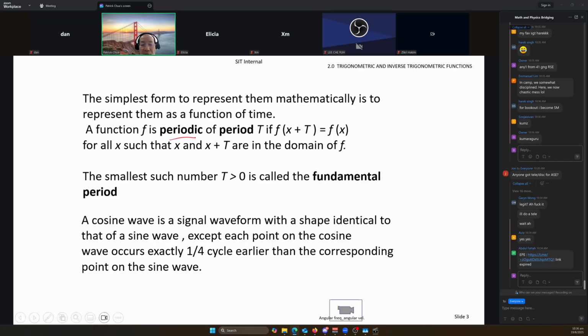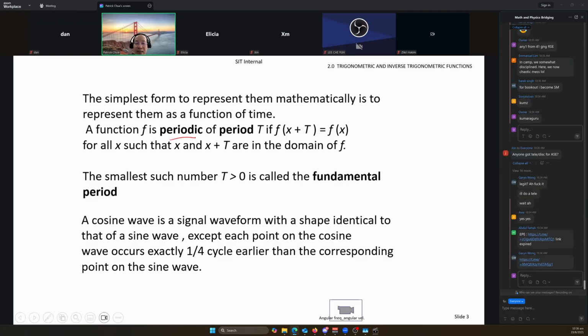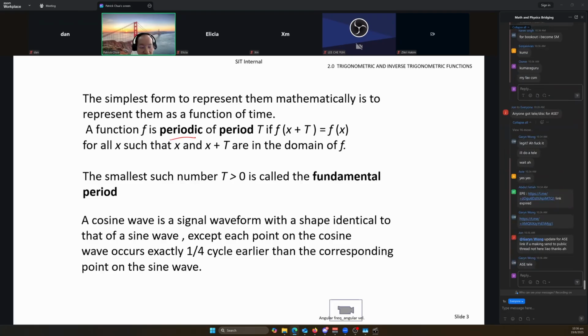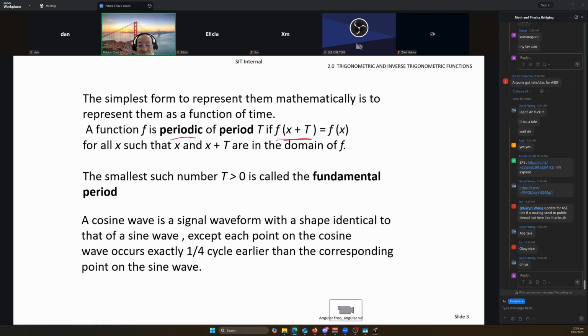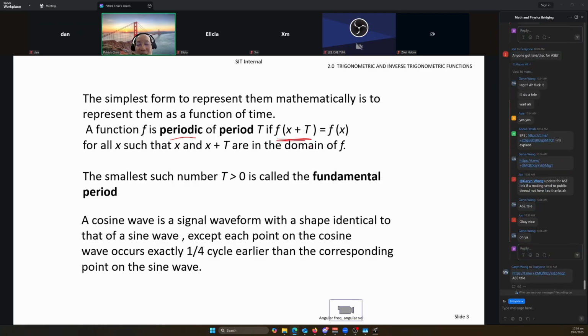That means it's a function of time and it repeats itself. The same waveform repeats itself over and over again. So a function like this, f(x + T), you know it is a waveform of period T.